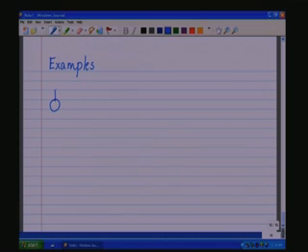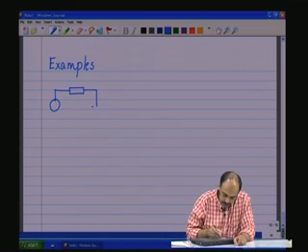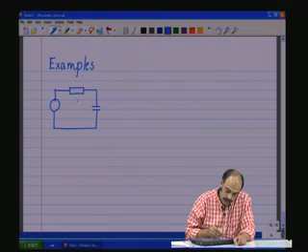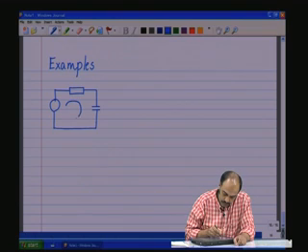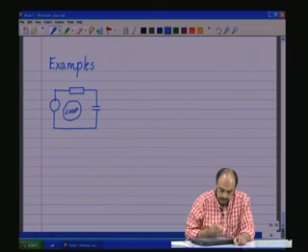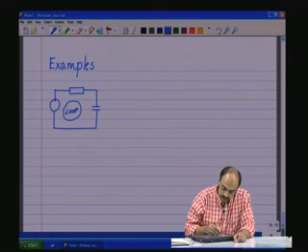So, here you have a simple R and a C. Now, this is a loop. Now, to this I am going to add few more components like this.